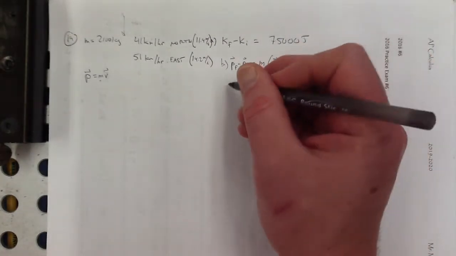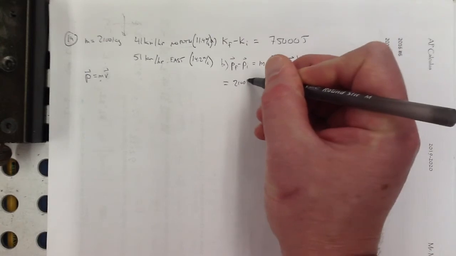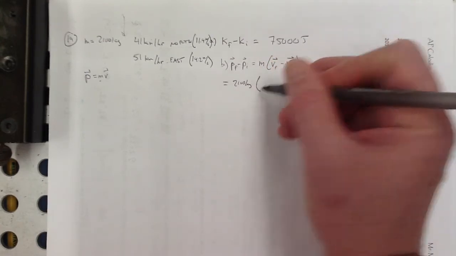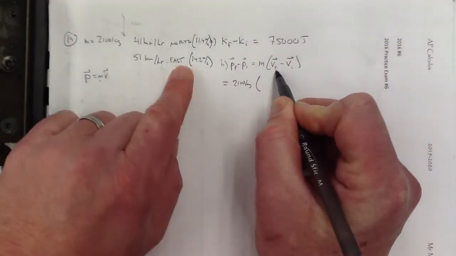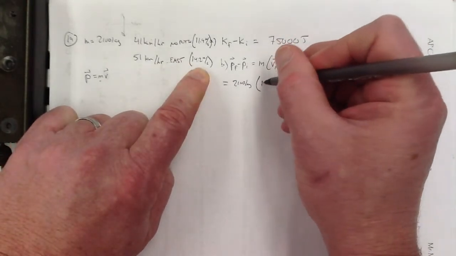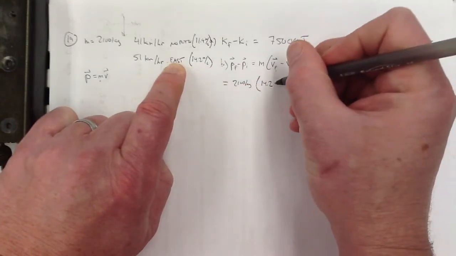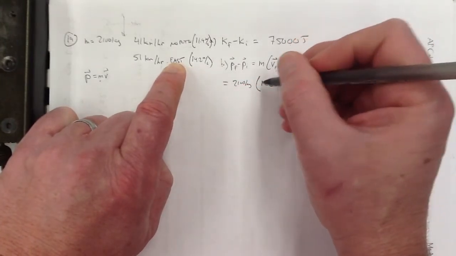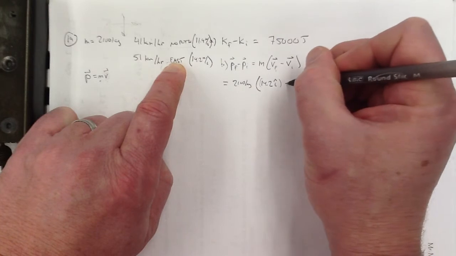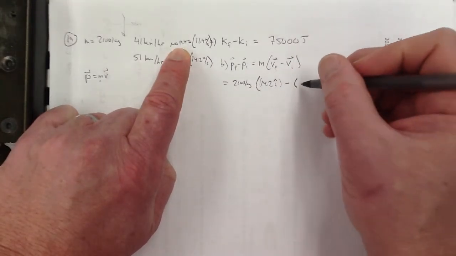Then I have mass here, and then this final is 14.2 in the positive i direction minus this one. They each only have one i or j, right?